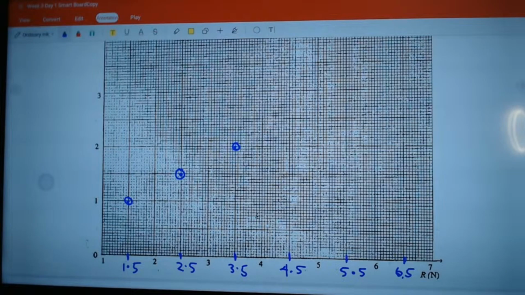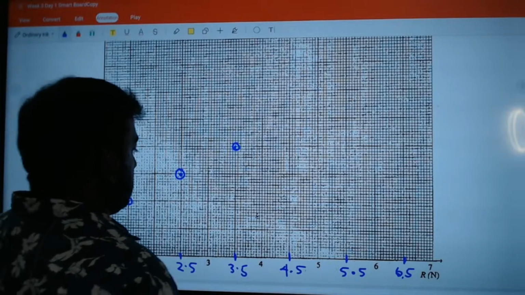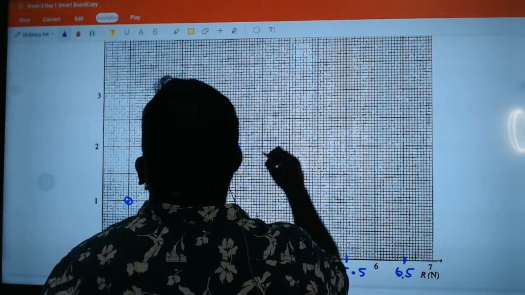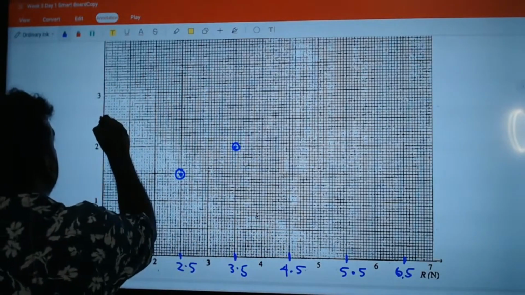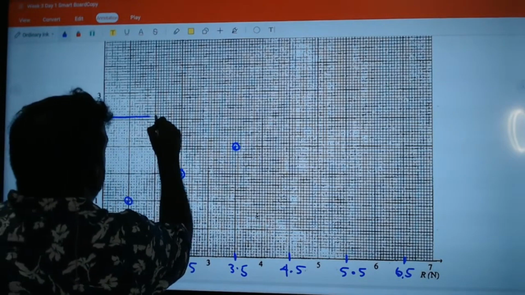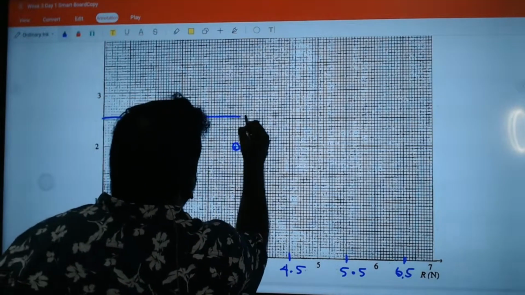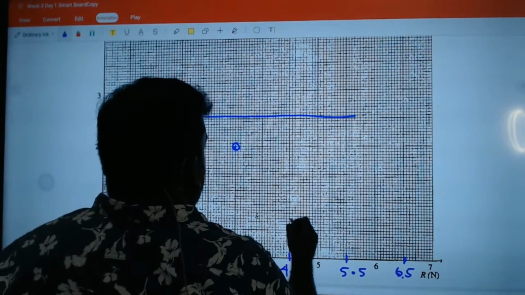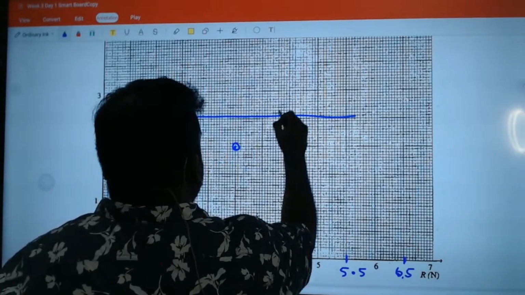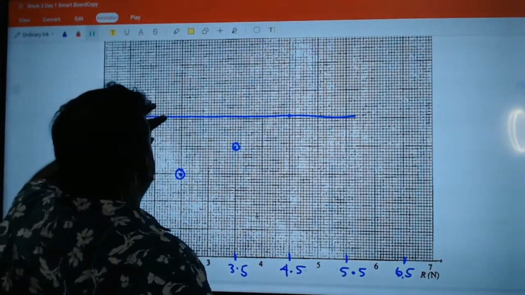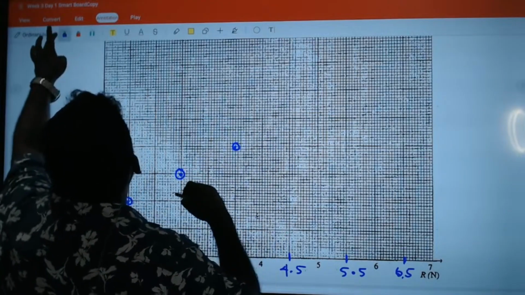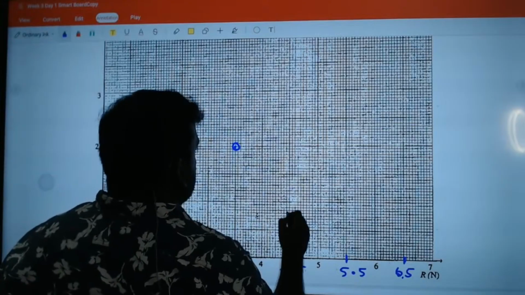Next, 4.5 to about 2.6. There you go. 2.6.